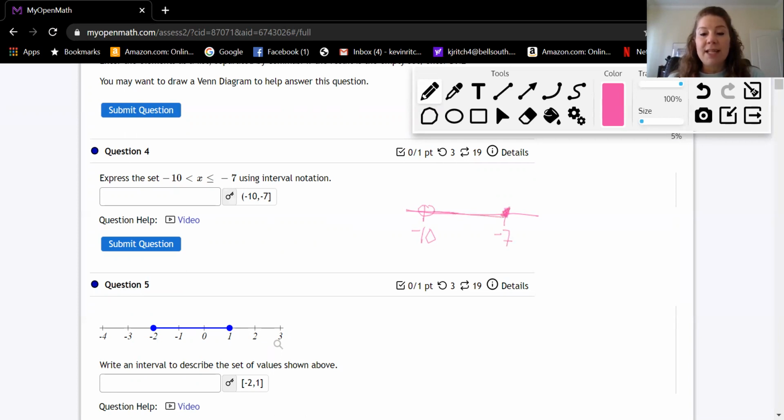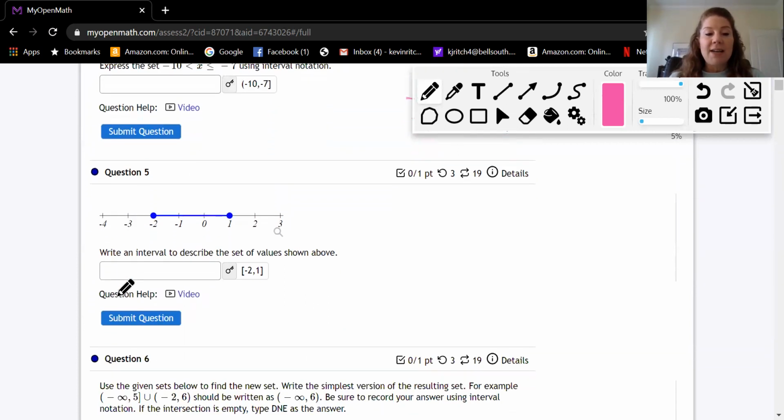So X can be anything from -10 to -7, including -7. And so of course, the way we get our parentheses or our brackets comes from either we have an open circle. So an open circle goes with the -10, and the closed circle, which is the bracket, goes with the -7. And that's how, of course, it's written right here.